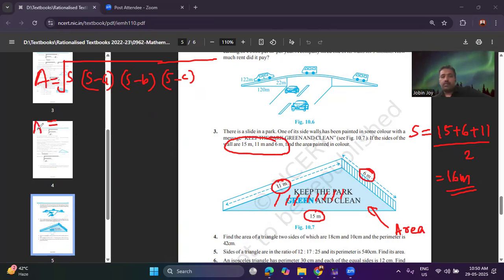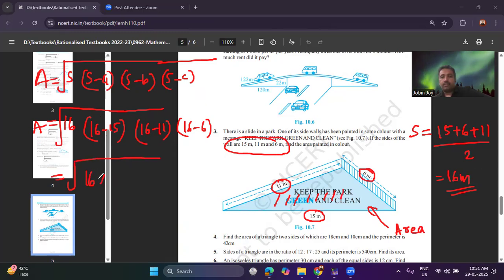So area will be equal to square root of 16 into 16 minus 15 into 16 minus 11 into 16 minus 6. So that will be equal to 16 into 1, because 16 minus 15 is 1, into 5, because 16 minus 11 is 5, then 16 minus 6 is 10.